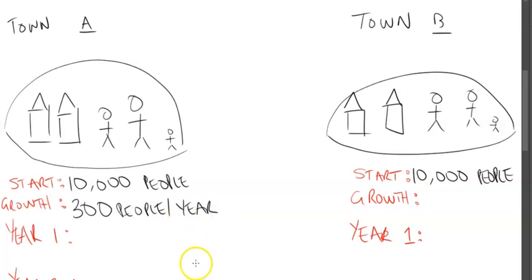All right, so 300 people added into the town per year. And the growth for Town B is 3% new people per year. Now, I should say 3% of new people from the previous year. And that holds significant information for how many people are added into the towns each year.